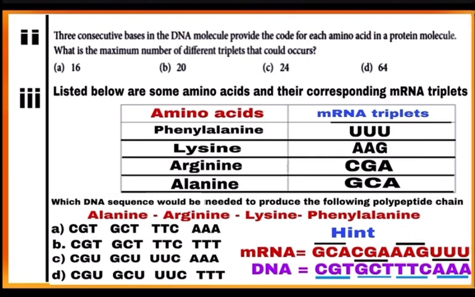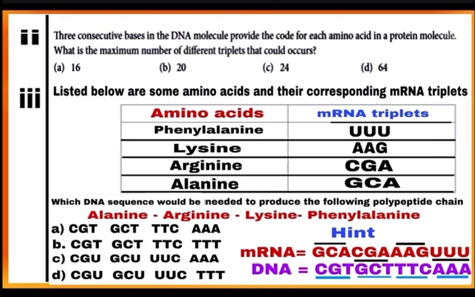Question 3. Listed below are some amino acids and their corresponding messenger RNA triplets. Check the table for this. Now, you have to tell which DNA sequence would be needed to produce the following polypeptide sequence. The polypeptide sequence is alanine, arginine, lysine and phenylalanine.